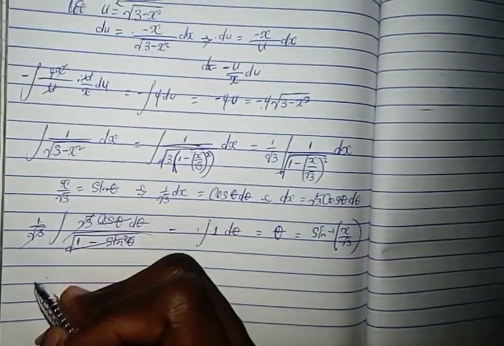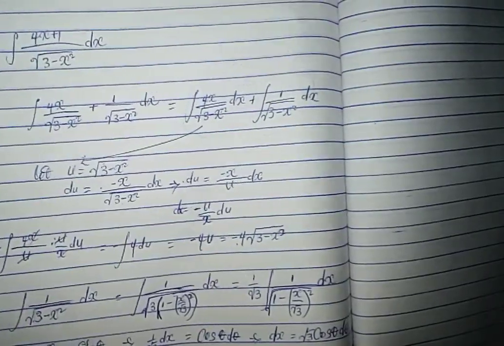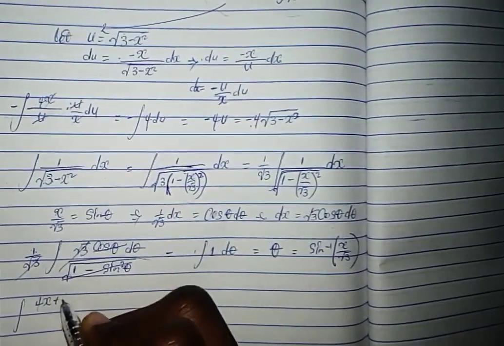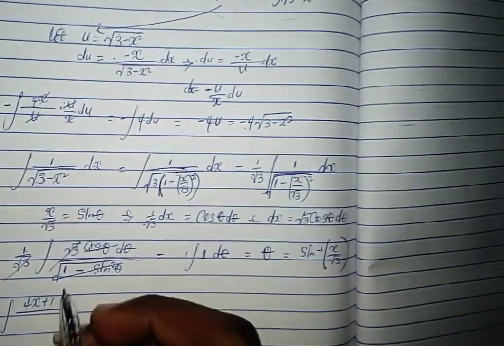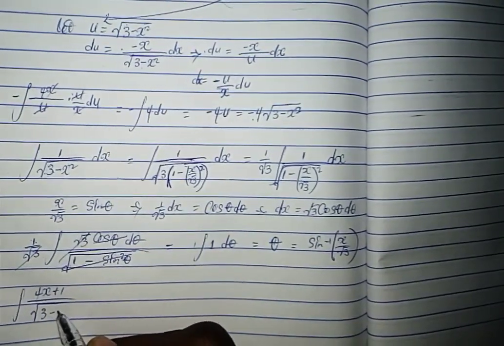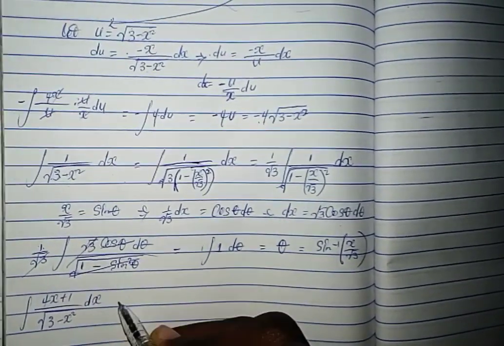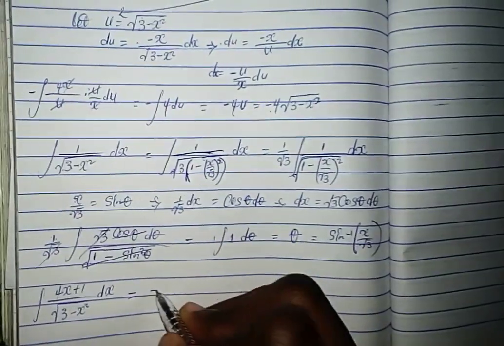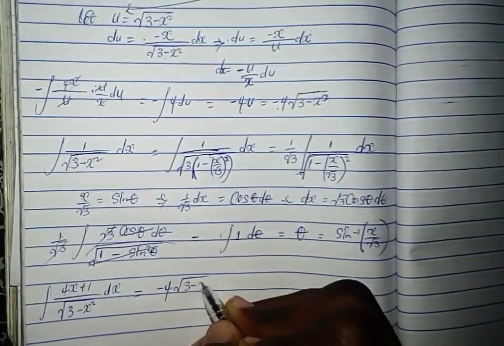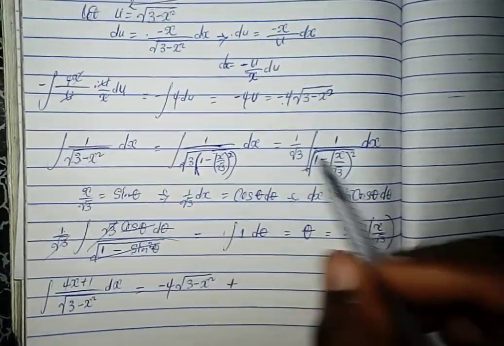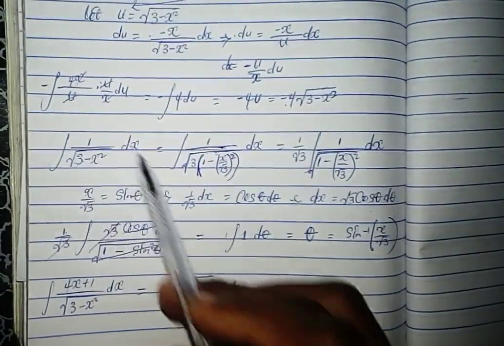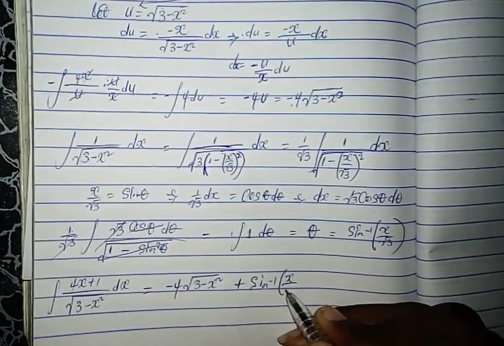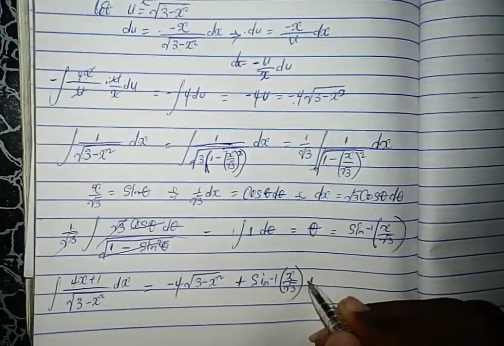So now the total answer for our integral, which is the integral of 4x plus 1 over root 3 minus x squared dx, is equal to this whole integral, which gave us negative 4 root 3 minus x squared, plus the whole of this integral that is already here and gives us this, which is sine inverse of x over root 3, plus our constant.